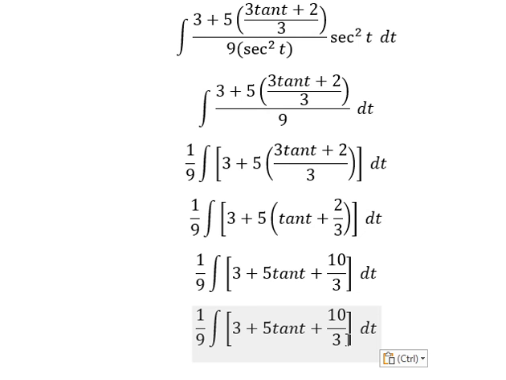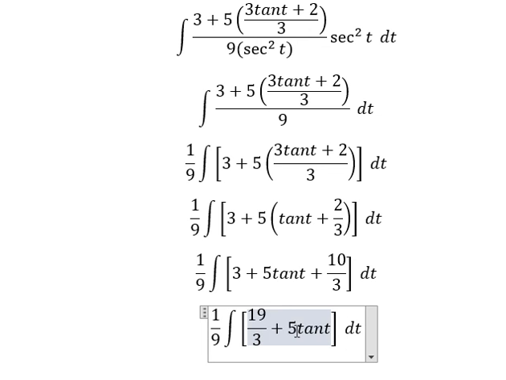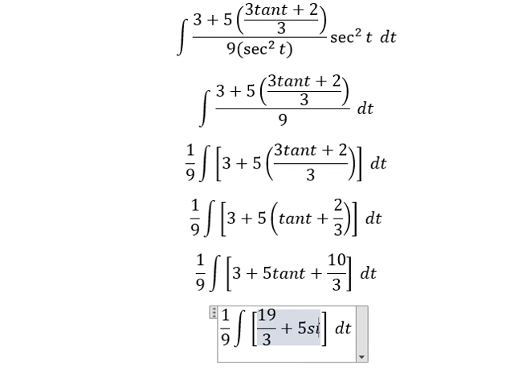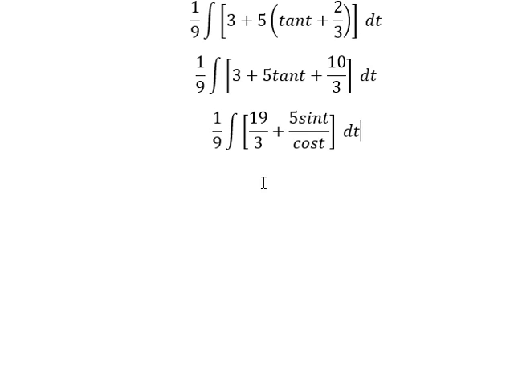So number 3 plus 10 over 3, we have 19 over 3. And tan t, we know that it is sin t over cosine t. And now we have the final answer.